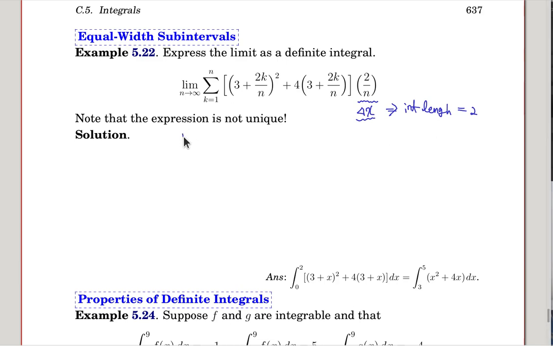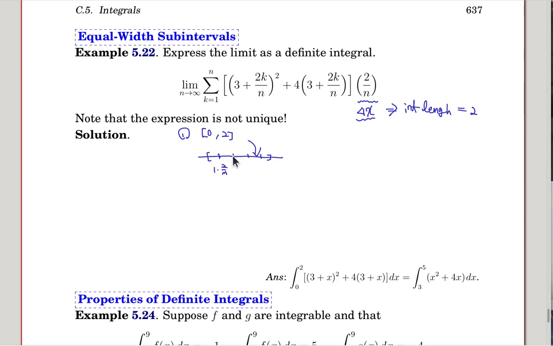For example, number 1, if we choose the interval, for example, here from 0 to 2, so that is an interval length of 2. Then in this interval, if you make n partitions, then the kth one must be here. Now, the first one is 0, but that point must be 1 times delta x. That is 2 over n.